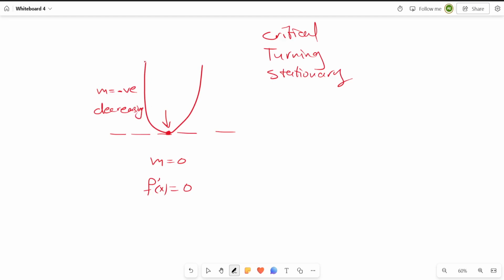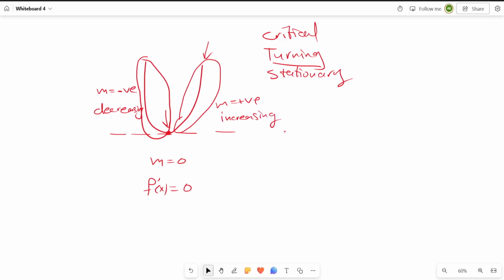So all of this interval right here has a negative gradient until we reach a gradient of 0, and then we turn, hence a turning point, to a positive gradient. So m here is positive, and hence this right interval over here is called an increasing part of the function.